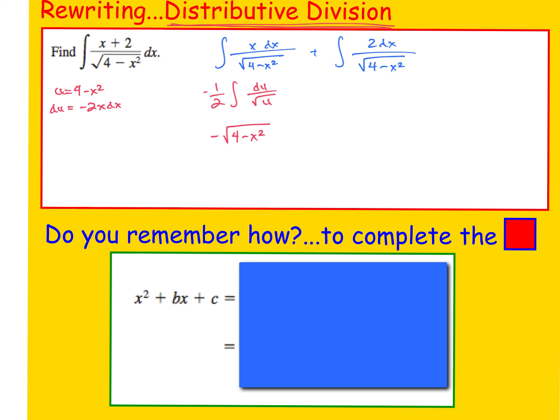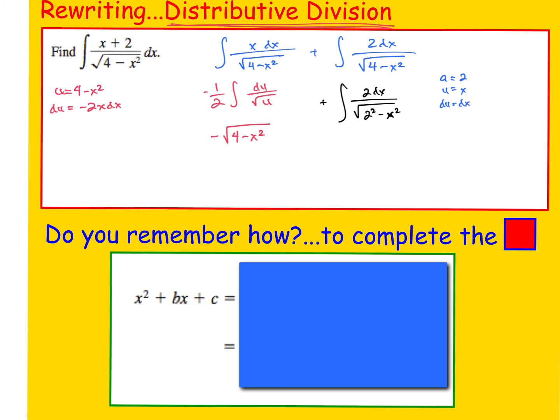Now on the right side, it's going to be an arcsine, right? So let's manipulate the way it looks again. So I still have this 2 dx going on, and then I have square root of 2 squared minus x squared. All right. So what's my a? 2. What's my u? x. So what's my du? dx.